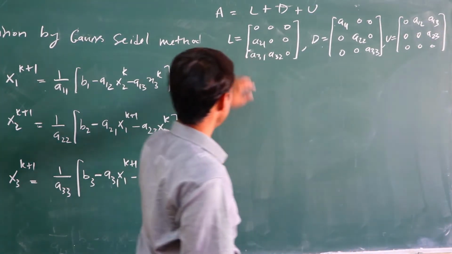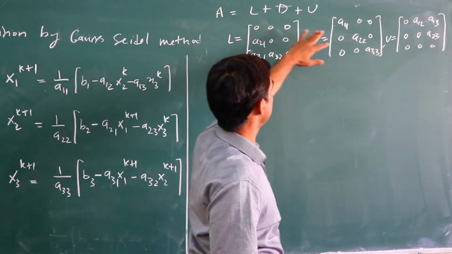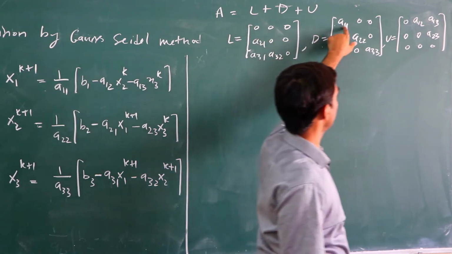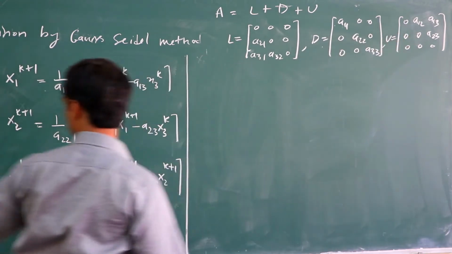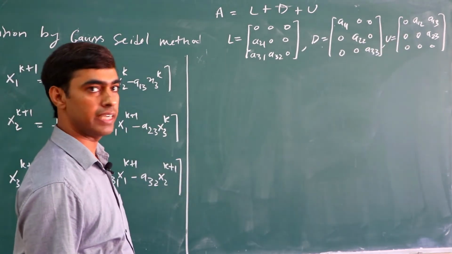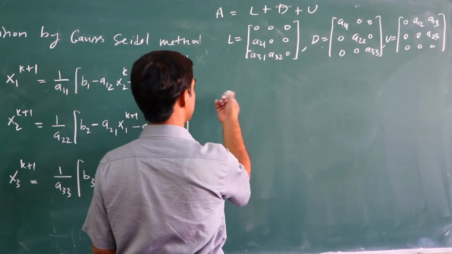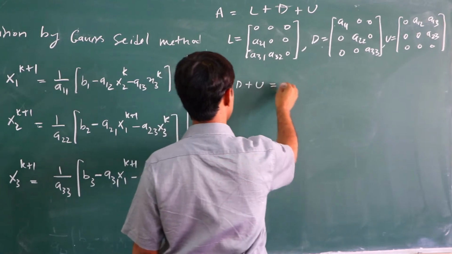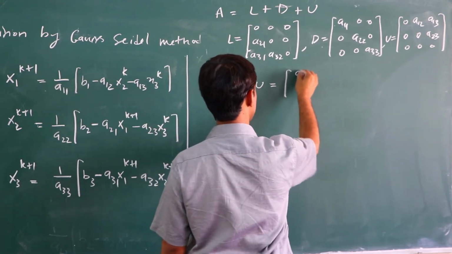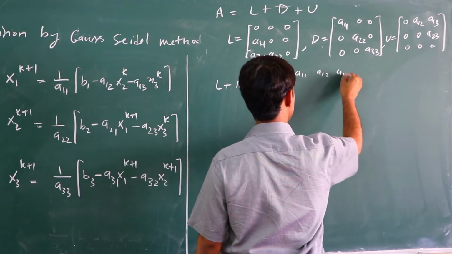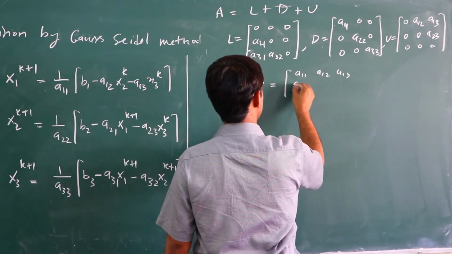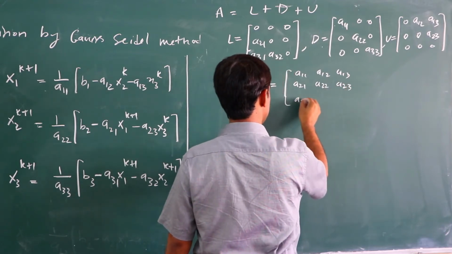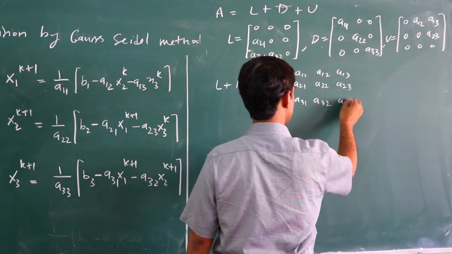So you see A equals L plus D plus U. If we add these values, then what will happen? We find A. So if we find L plus D plus U, this becomes A, meaning A11, A12, A13, A21, A22, A23, A31, A32, A33.